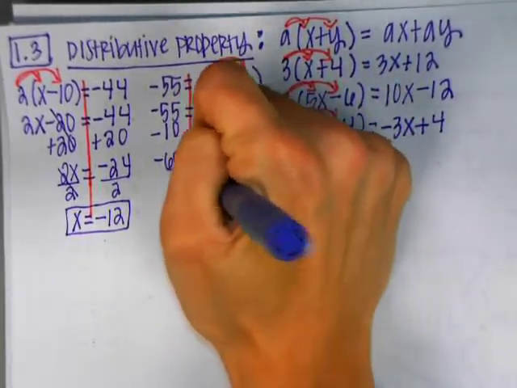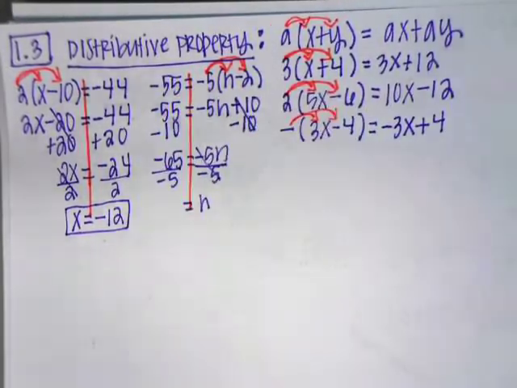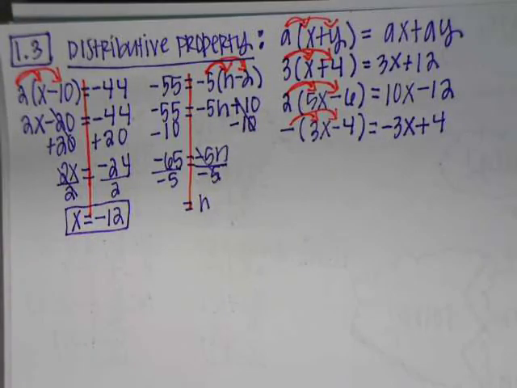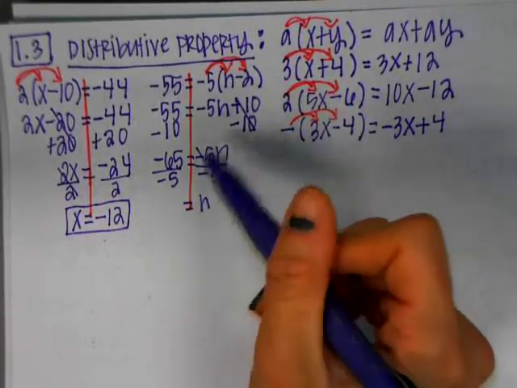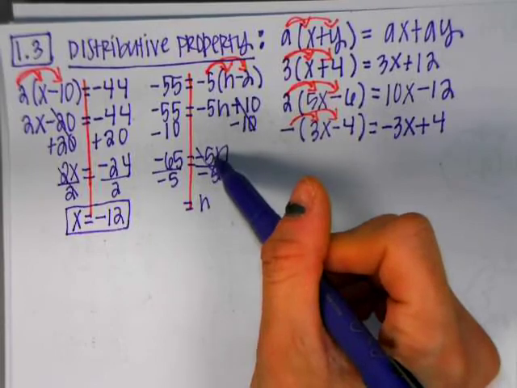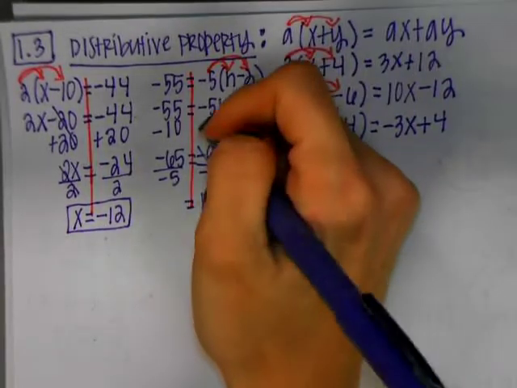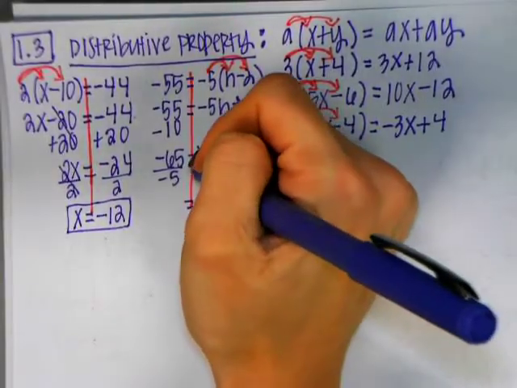You have the whole negative 5. It's right next to the n because it's multiplied, so you just divide it. So no matter what, the sign makes no difference. If you have your number that's directly connected to the variable, you're always dividing. Okay. So that's going to be positive 13.